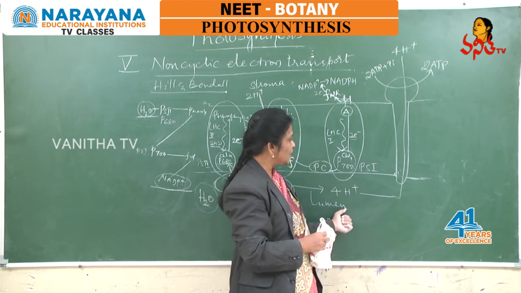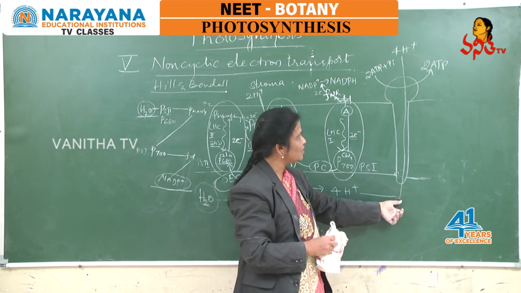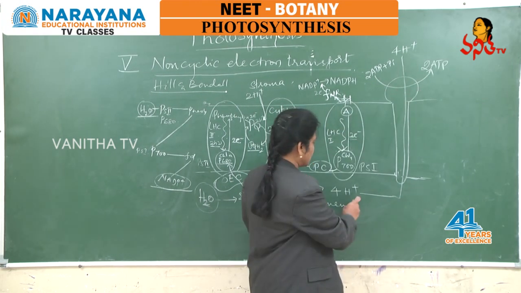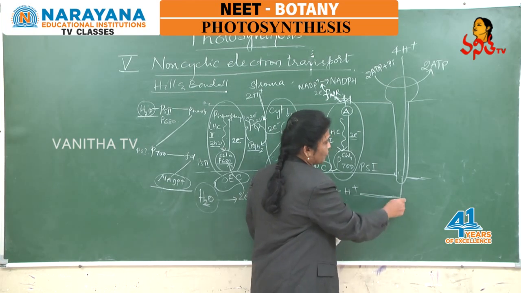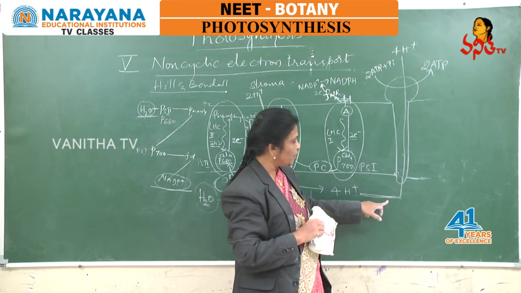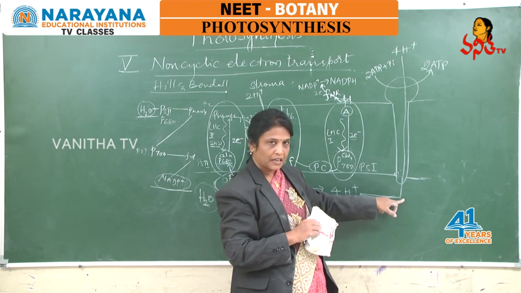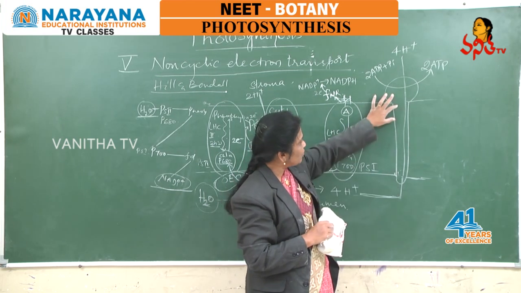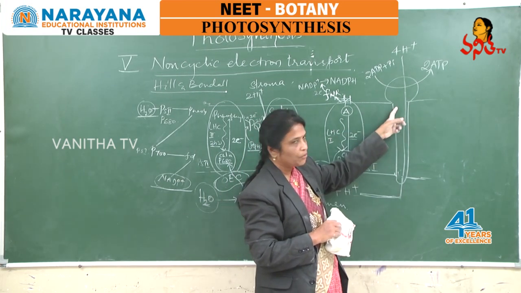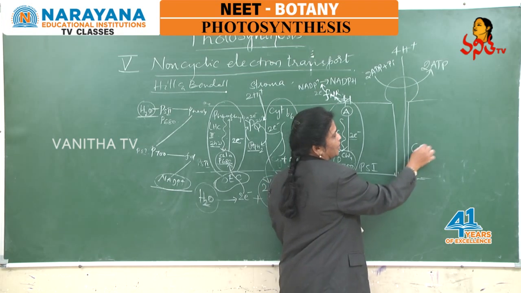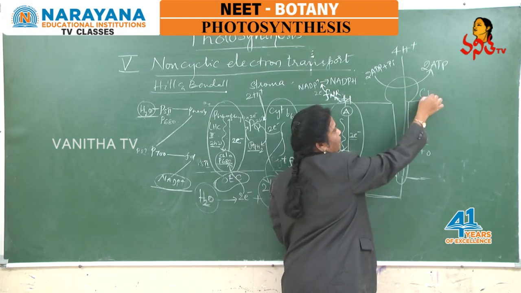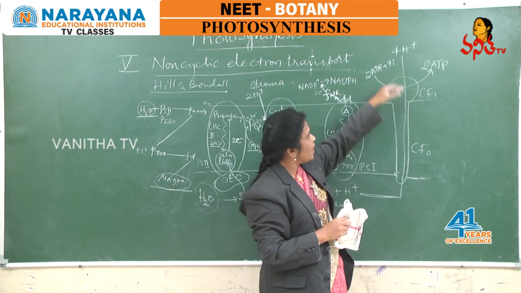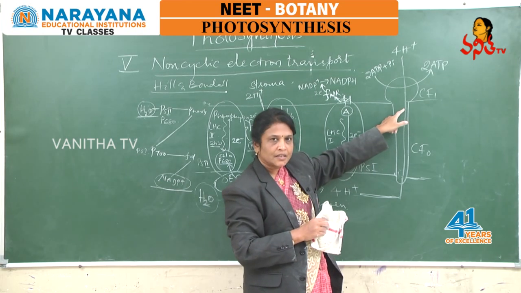This gradient is involved in the synthesis of ATP, as the 4 protons accumulated in the lumen during non-cyclic electron transport of a pair of electrons, that is by splitting of one water molecule, are channeled through the coupling factor, with CF0 and CF1 parts. The protons are channeled through CF0 and finally cross the head region, that is CF1.